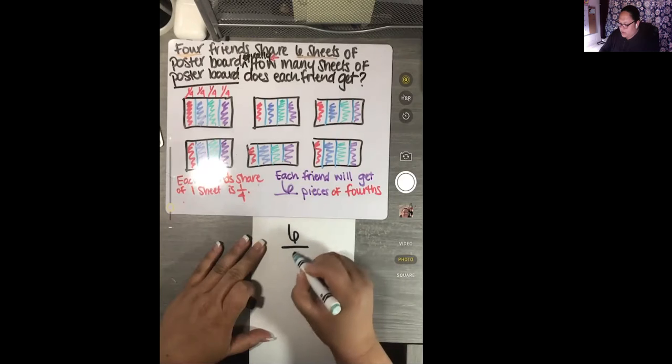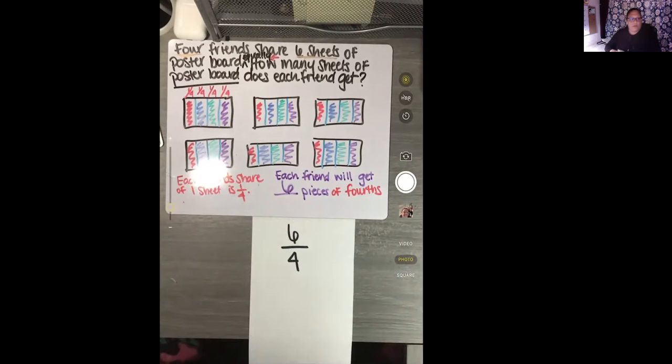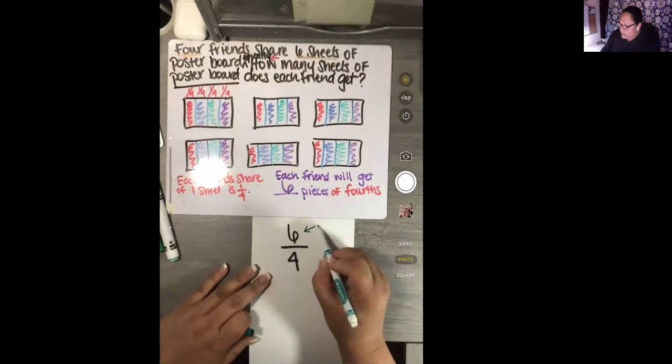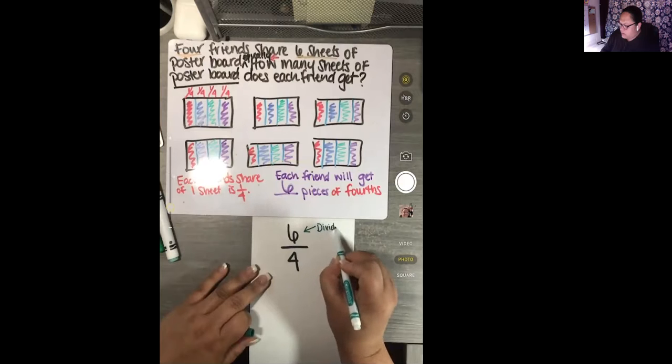Now, if we were to write this as a mixed fraction, this is an improper fraction right now, but remember that this number is the dividend.